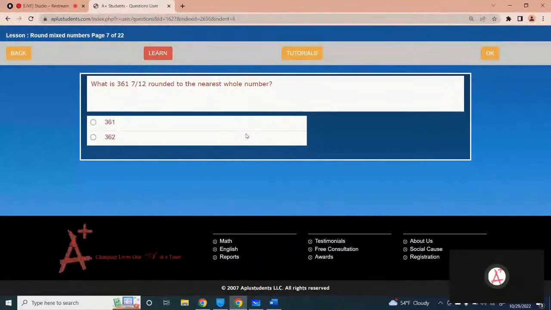Got it? That means you have to round up, which means add 1 to the whole number. So 361 plus 1 is 362. Got it? So just select the correct option and then click on the OK button.